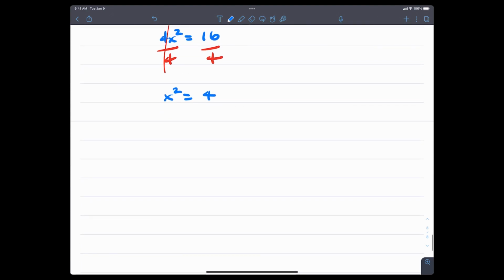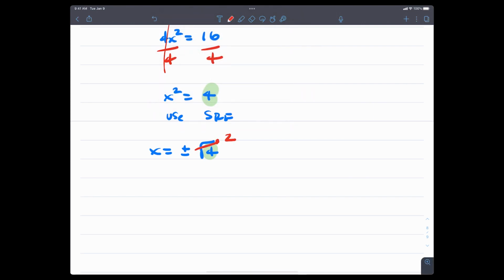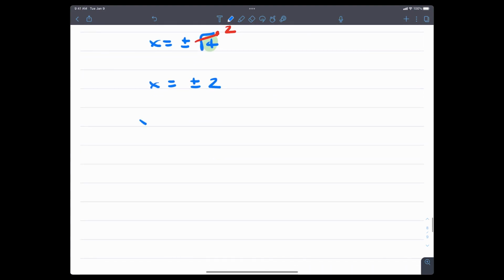So what is it? Now what do we say? Use the square root formula, what does that give you? x is plus or minus, what's the number? 4. Do you guys know what the square root of 4 is? It's positive 2, isn't it? So that means x will be plus or minus 2. Again, there are two solutions.